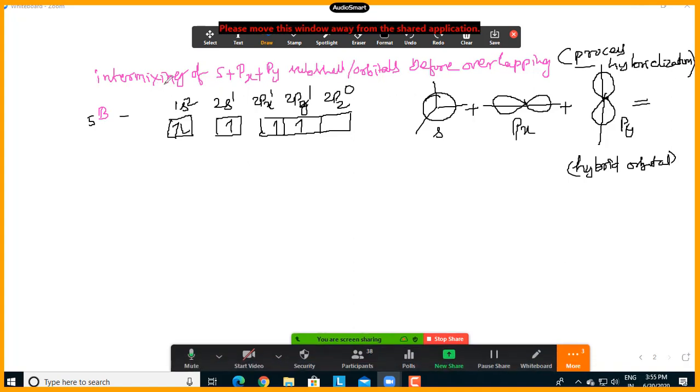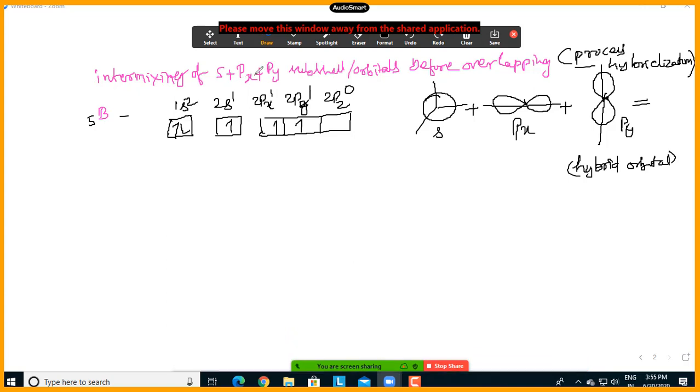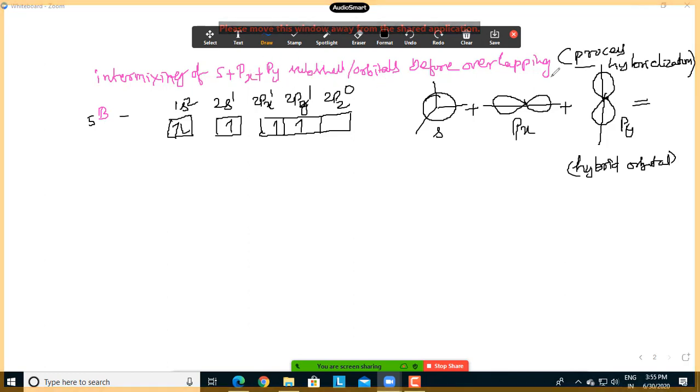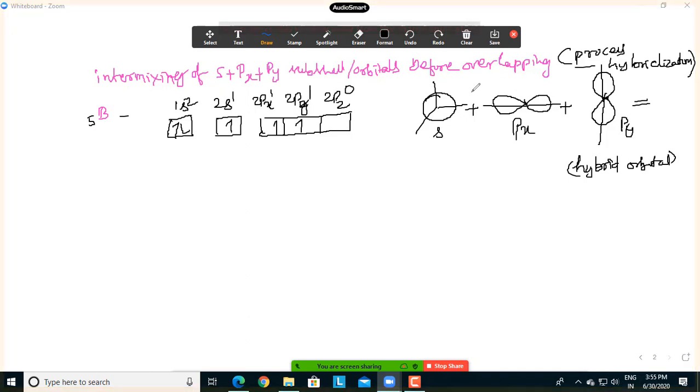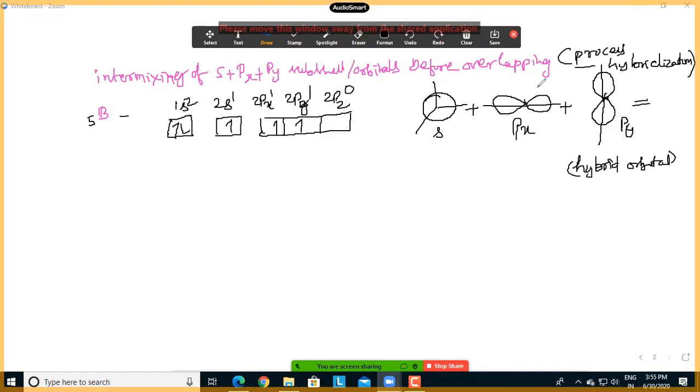The process of intermixing of orbitals is known as hybridization. So if S and P will mix, and mixing of atomic orbitals belonging to the same atom and having nearly same energy is known as hybridization. I'll teach hybridization, but let us see how the bonding is done for BF3. S and p will mix, and these are the orbitals which are taking part in hybridization.